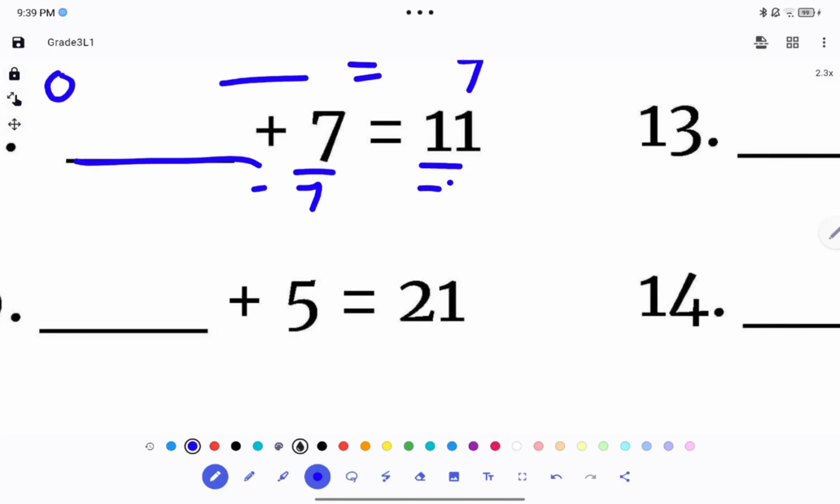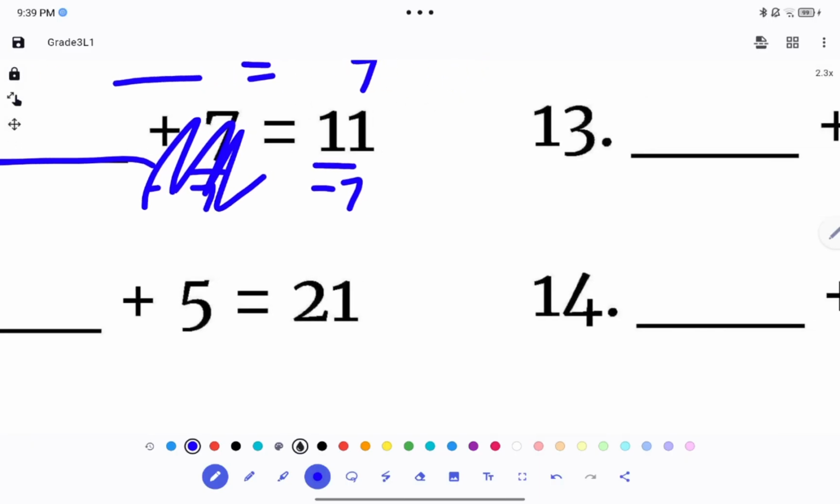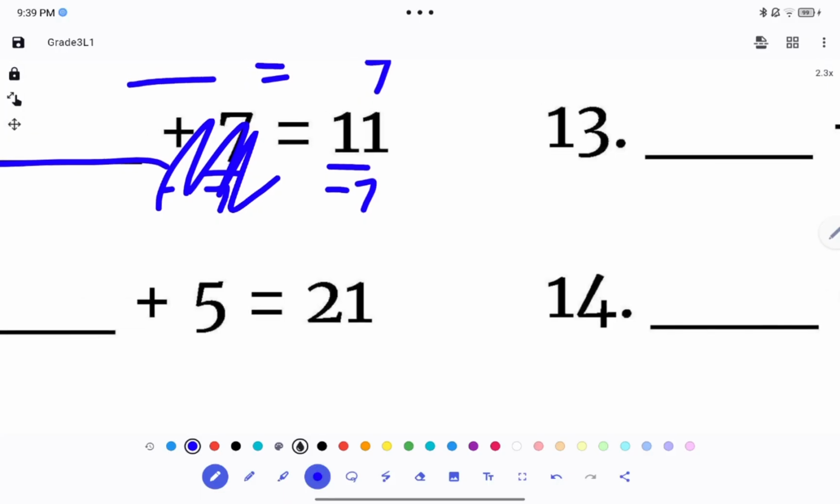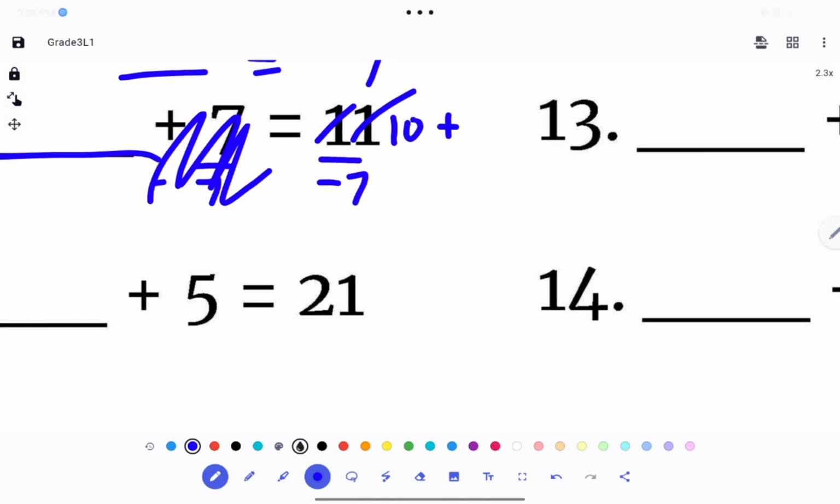So 7 minus 7, 0, don't need to worry about that. Just scribble it out or whatever you want to do. Now, 11 minus 7. So 7's way too big for 1. So we gotta take a 10 from the tens place and basically make this 10 plus 1 all minus 7.